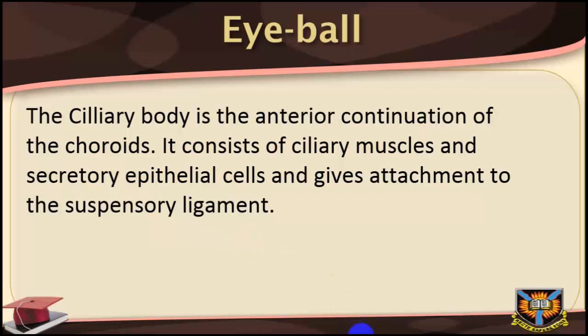Contraction and relaxation of the ciliary muscle changes the thickness of the lens, refracts light rays entering the eye to focus them on the retina. The epithelial cells also secrete aqueous fluid into the anterior chamber of the eye.